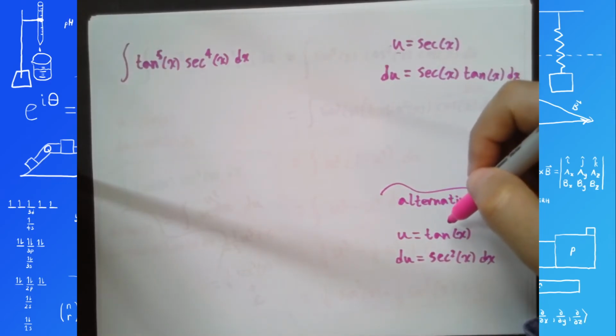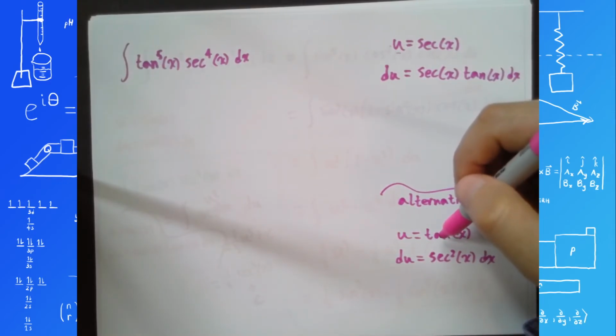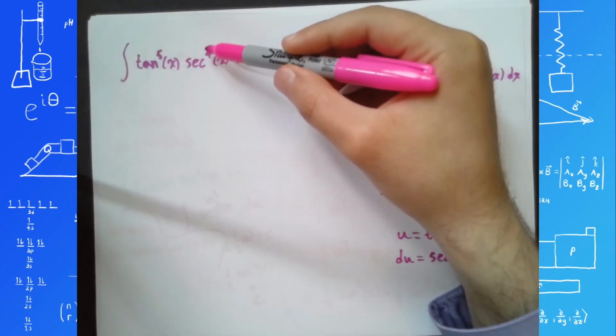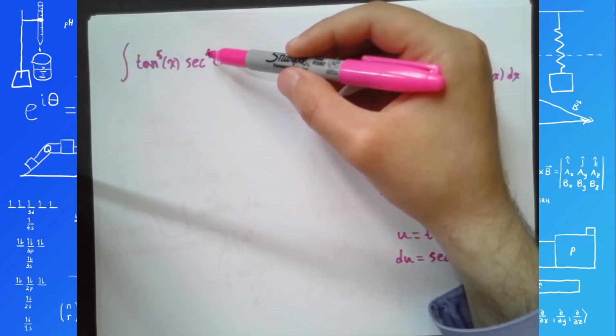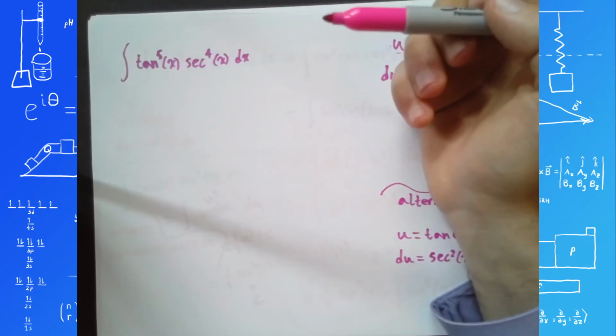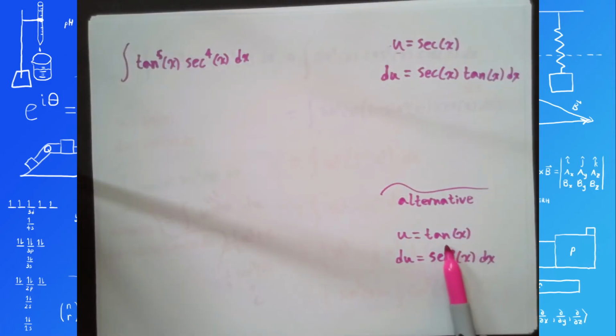In the alternative method, if you use u equals tan of x, then you would have to take out a secant squared from secant to the 4th, which leaves you with another secant squared, and since it's squared, you can rewrite it in terms of tangents, which can then be rewritten in terms of u's, giving you, yet again, an easy polynomial to solve.